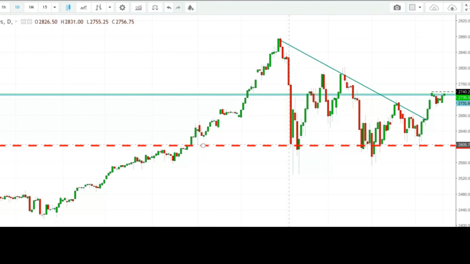But if not, then we do know that generally speaking with this pattern, to the downside or upside, the distance, so from 2600 up to about 2880, that same distance will be the distance of the move in the breakout. So we would expect it to exceed the 2018 highs.